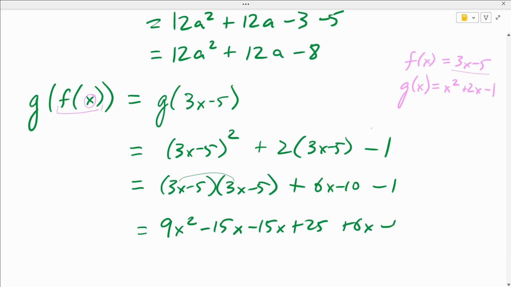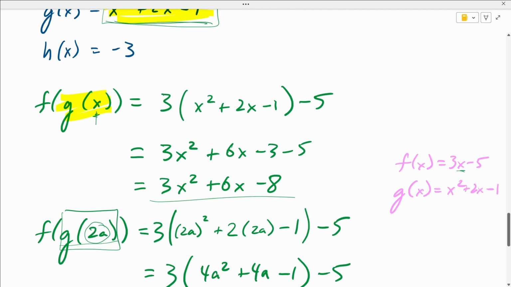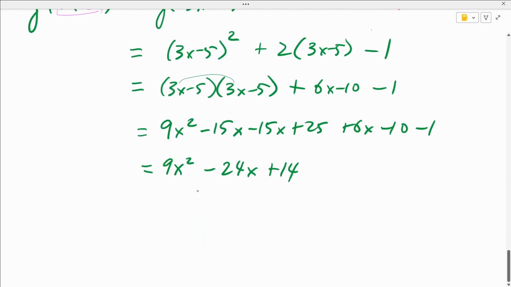There's our plus 6x minus 10 minus 1. What do we have altogether? We have 9x squared minus 30x plus 6x, so that's minus 24x. We have 25 minus 10 minus 1, that's plus 14. Okay, that's g of f of x. Very, very different from f of g of x, right? They're not the same at all. They both happen to be trinomials, but that's where the similarities end.